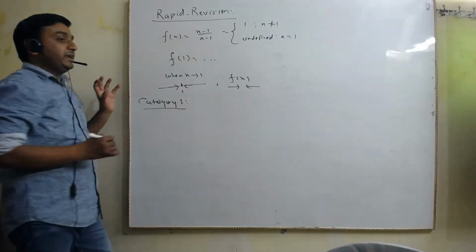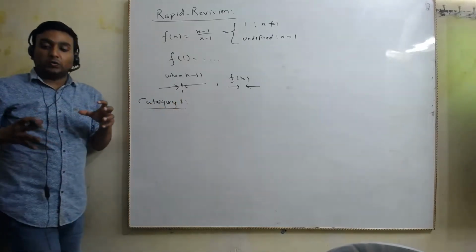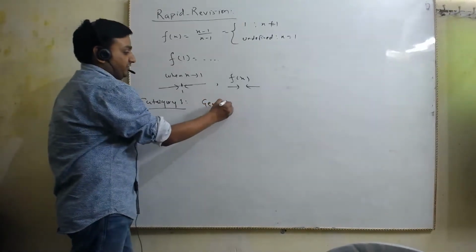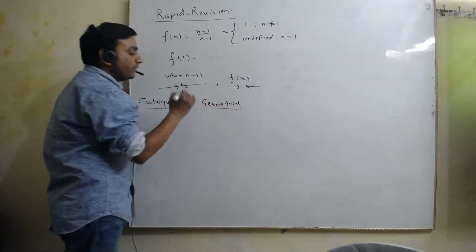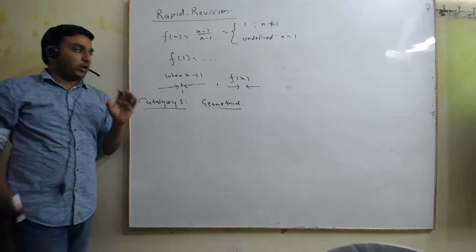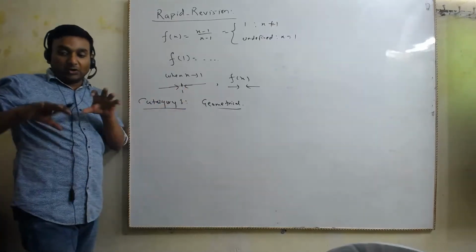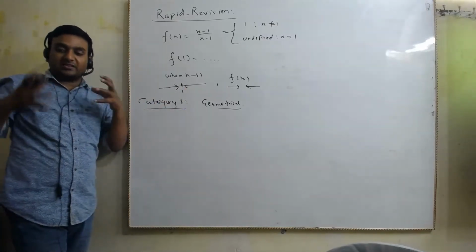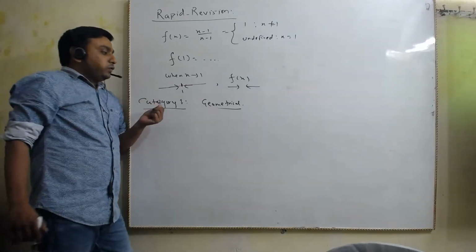In category 1, what I told you was to get the geometrical nature of limits, right? So when I talk about the geometrical nature of limits, I told you what this means. I'm not going into depth of that, but just trying to make you recall the things, right?